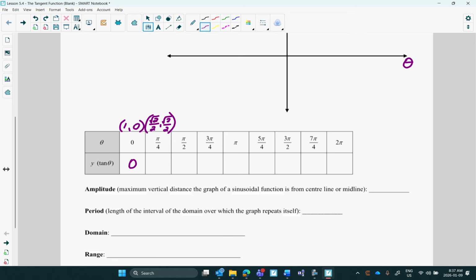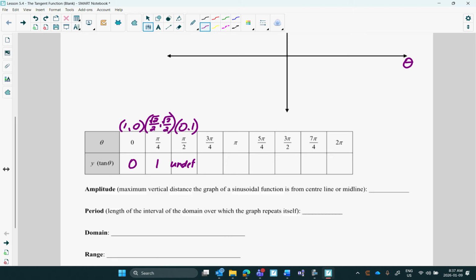And the tan of that would be y divided by x, which is 1. At pi over 2, the corresponding point on the unit circle is 0, 1. The tan is y divided by x, which is undefined. So we've got to figure out how do we graph undefined.